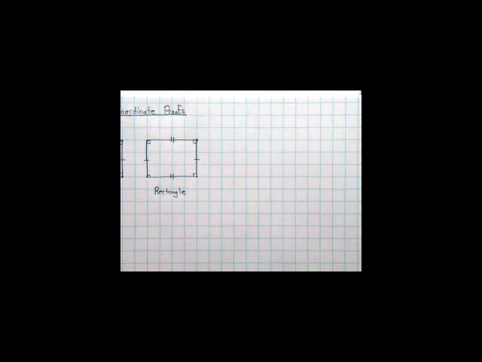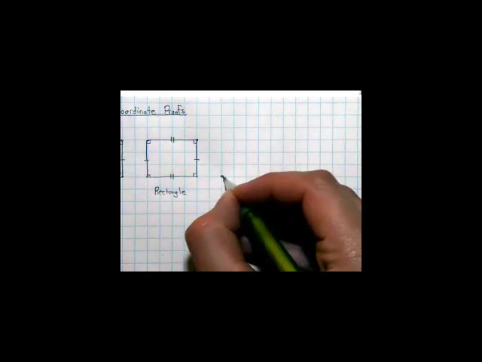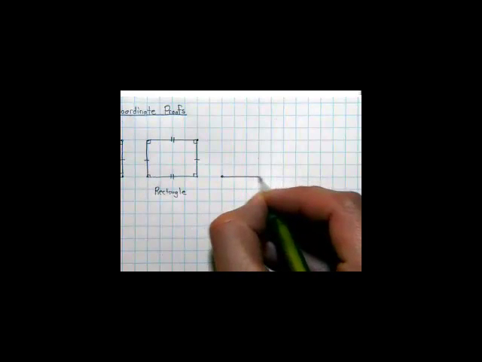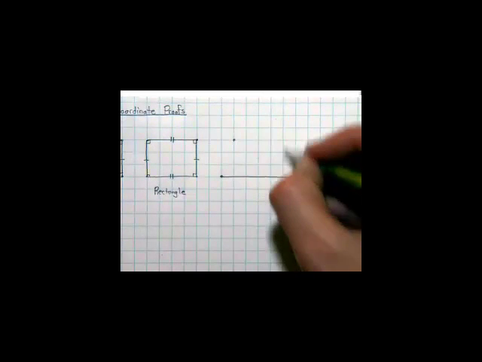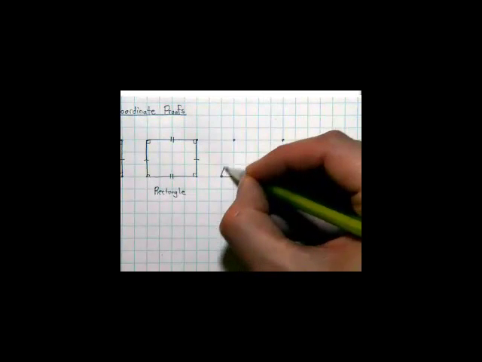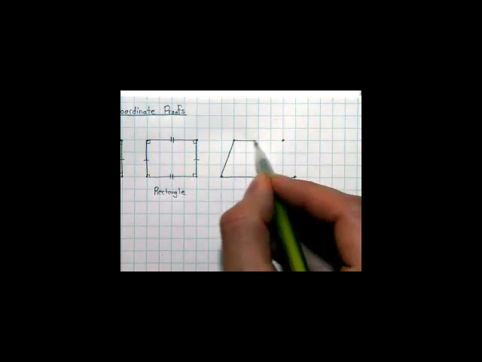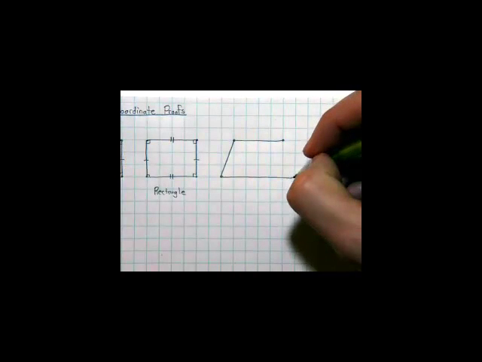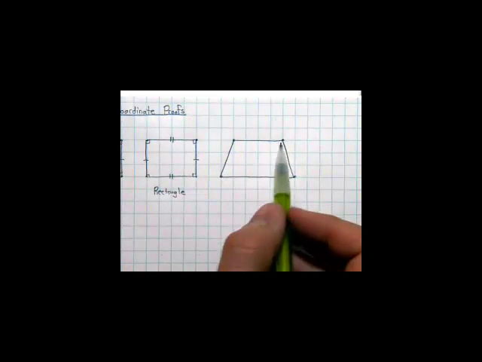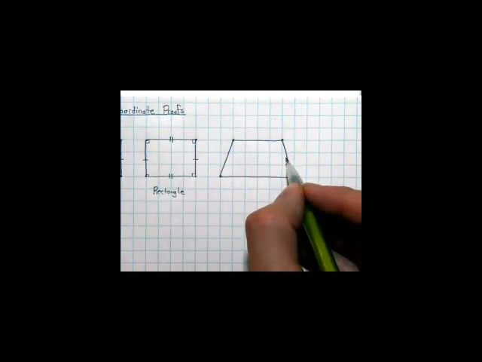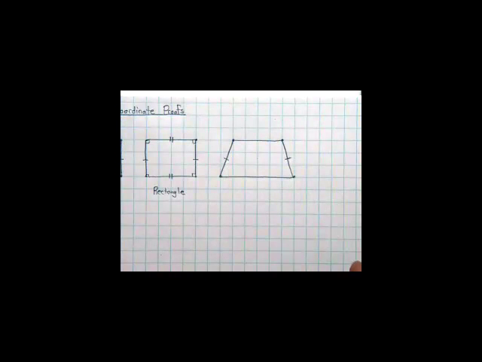Okay, now into some ones that maybe you don't remember quite as well. So we've got this guy. That is a trapezoid. In a trapezoid, we have 2 bases that are different lengths, and then we have 2 legs that are the same length, if it is a certain type of trapezoid.